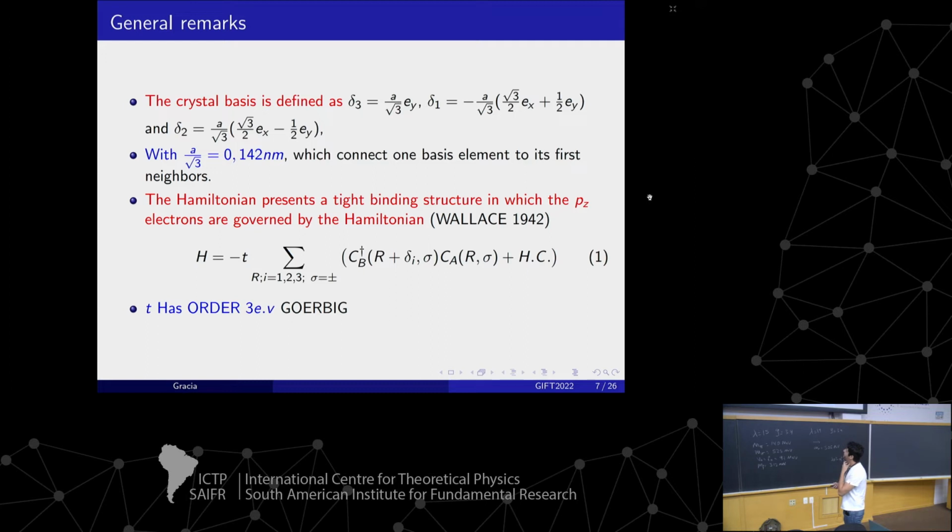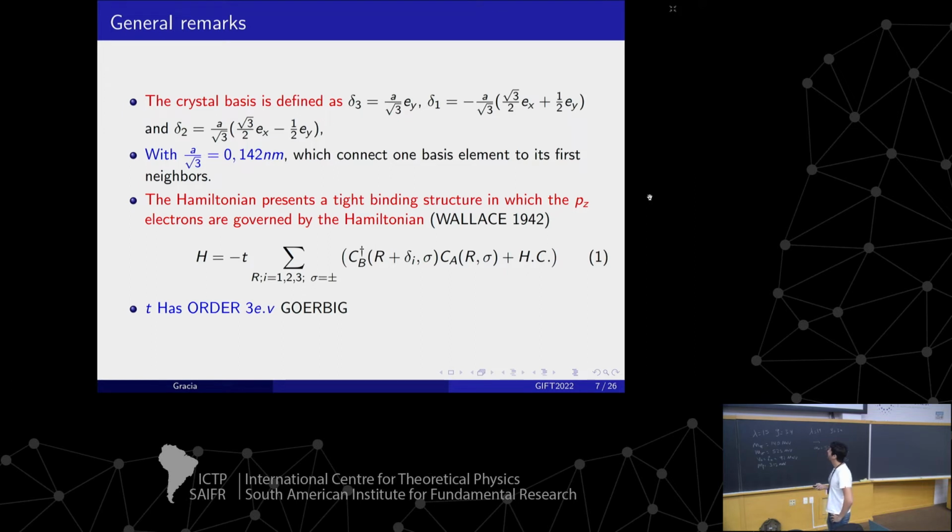We have the order of magnitude of this site in nanometers, and we can use the Wallace model, associated to the interaction between creation and annihilation operators associated to the A and B sites, summing over the positions and summing over the spins.